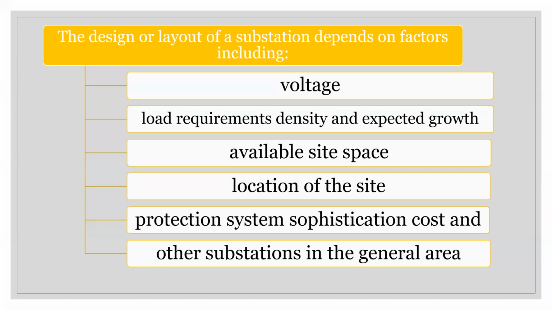Also the protection system sophistication. And we'll talk about protection systems later on, and some general principles around protection. And so the protection system sophistication and cost. Because as I said before, one of the primary objectives of your power system is to supply your customers and to provide them with a reliable supply.